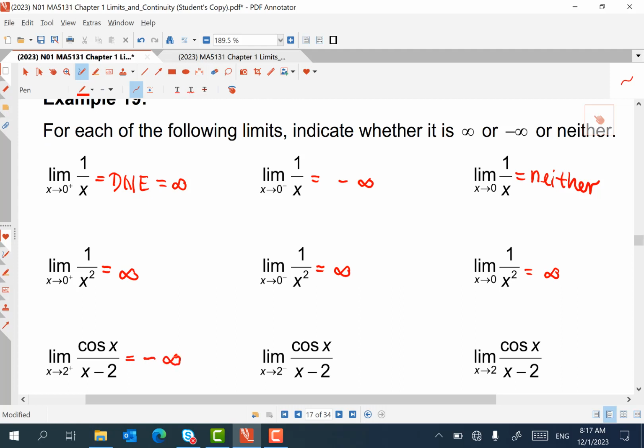It's negative infinity because cosine near 2 is actually negative. Why is that so? Pi over 2 is about 1.57. So 2 is beyond pi over 2, and therefore it falls into the second quadrant. In the second quadrant, cosine is negative. Oh, that's how it works, right? Right, Ethan, that's right.